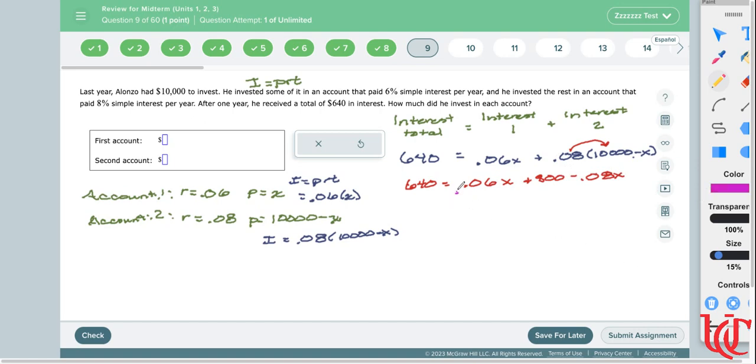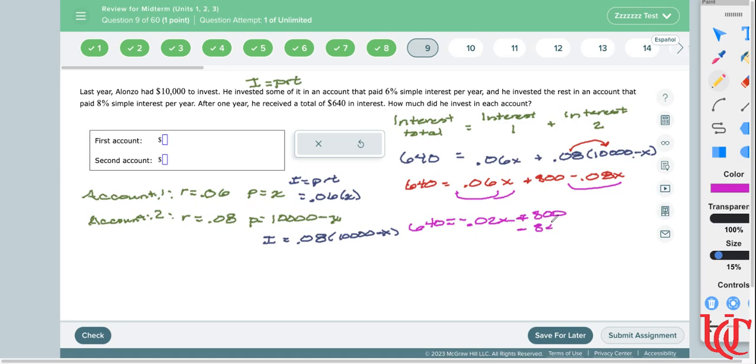Combine like terms. These two, this gets combined with this. It's the x. So this is going to be negative 0.02x plus 800 equals 640.